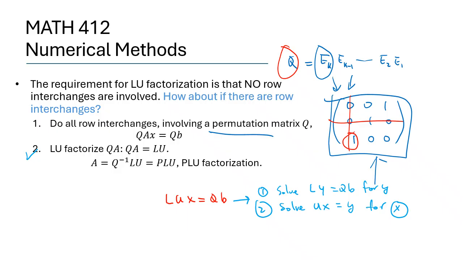Another result is that QA can be factored as LU. Such a permutation matrix is always invertible, therefore A is Q's inverse times LU.